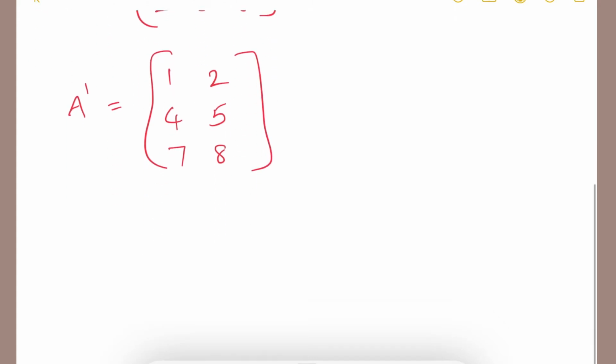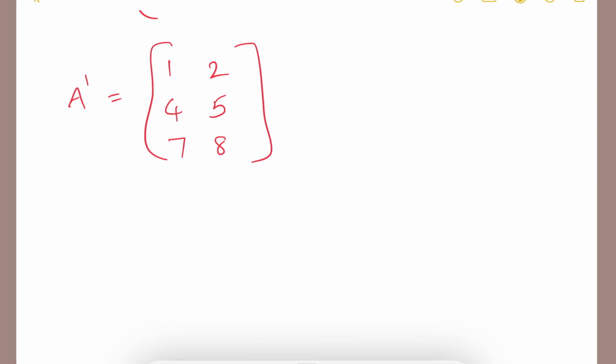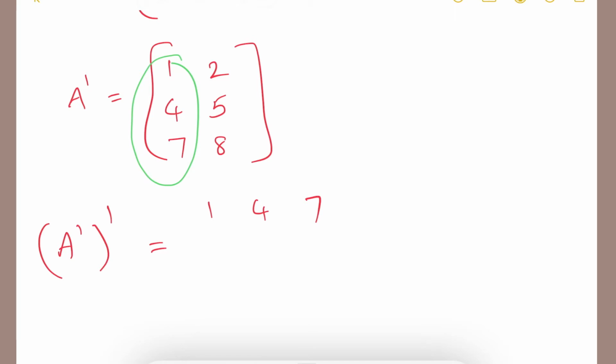So this is A transpose. Now we need to find (A transpose) whole transpose. So for A transpose, I am again doing the transpose. Here also one column we need to write as a row. So 1 4 7 is a column; if you write it as a row, it will become 1 4 7. Then next, 2 5 8 is a column; written as a row, 2 5 8.